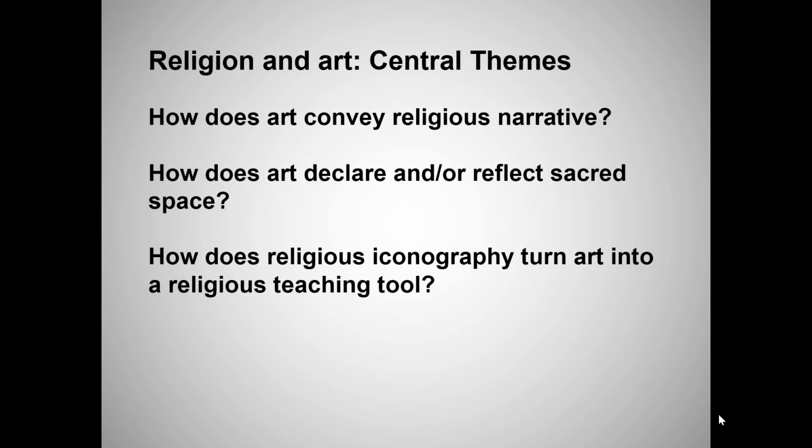Finally, all religious art contains iconography, symbols that serve as a kind of spiritual shorthand for both the narratives and the theological teachings of the religion. We're going to focus a great deal on iconography in our study of Hindu, Buddhist, and Islamic art, and much of it will be unfamiliar, so hang in there.